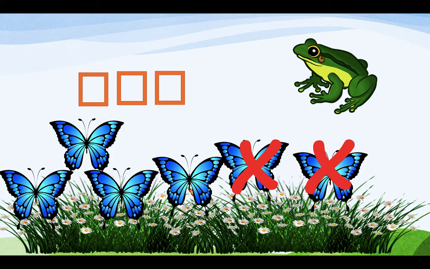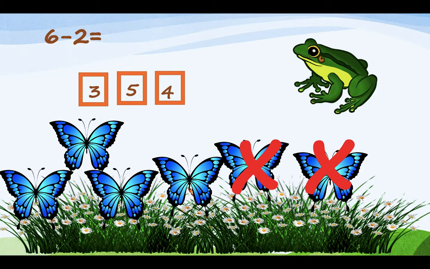Now, let's see how many butterflies are left out. We had 6 butterflies. Out of that, Mr. Frog ate 2 butterflies. So, I'm going to give you 3 choices. Can you guess what is the right answer?